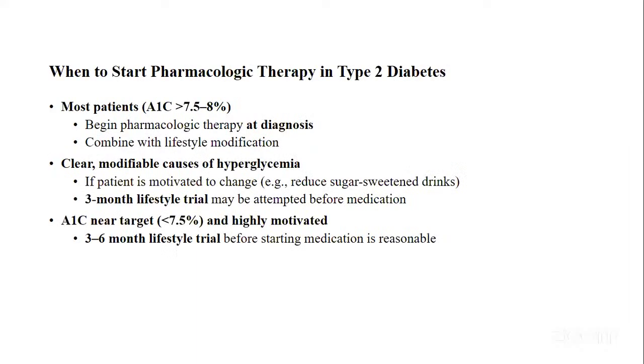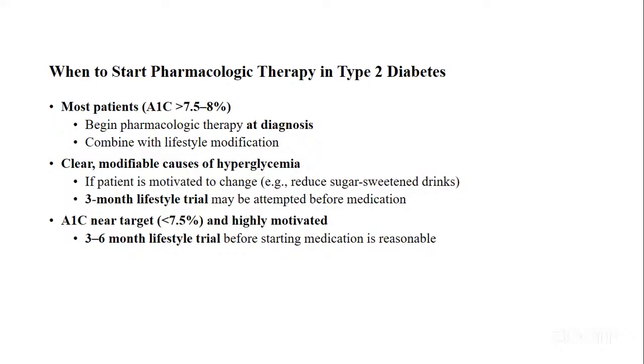On the timing of when to start pharmacologic therapy, the recommendation is for patients with an A1C level at baseline greater than or equal to 7.5 to 8, we have to start pharmacologic therapy at diagnosis. But if the patient has a clear and modifiable cause of hyperglycemia, like taking high sugar sweetened drinks, and if the patient is committed to change them, we can give the patient a 3 month trial of lifestyle modification before initiating pharmacologic therapy.